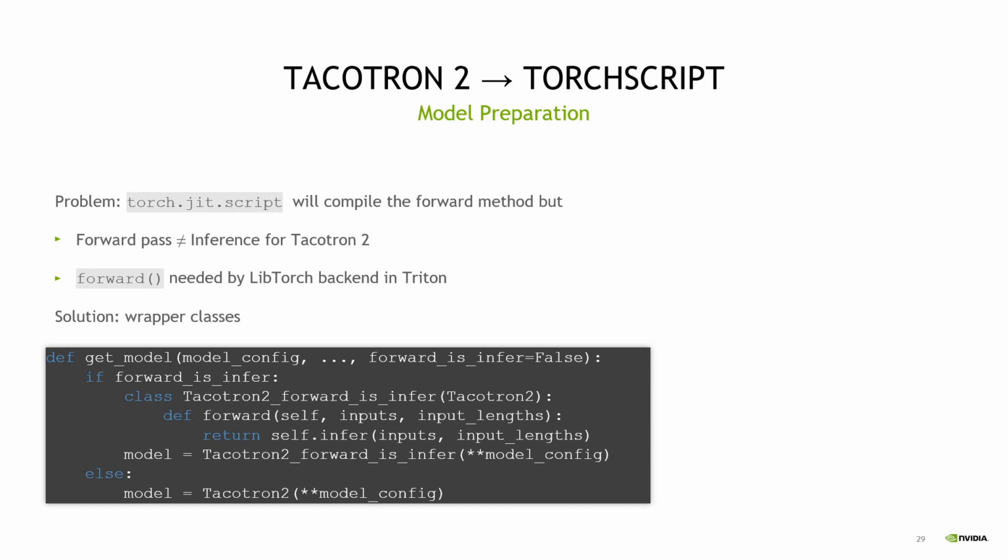Tacotron has a different forward and inference method, meaning the forward from training behaves differently than the forward used during inference. Theoretically, we could have used the PyTorch or TorchScript decorators to let TorchScript know that the forward method should be ignored and that our infer method should be exported.